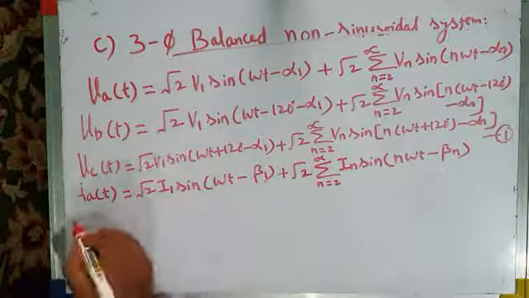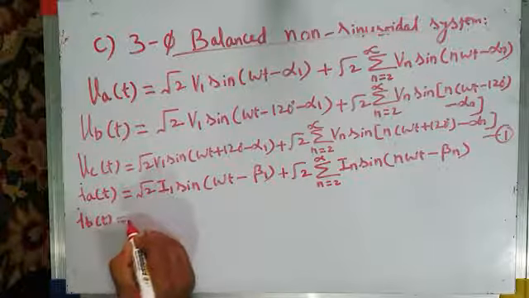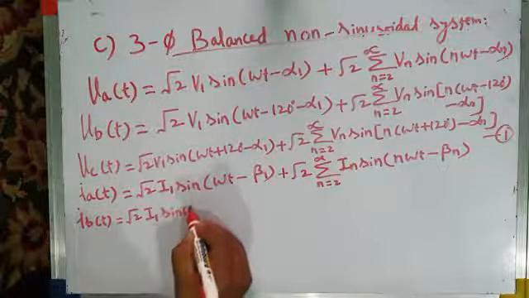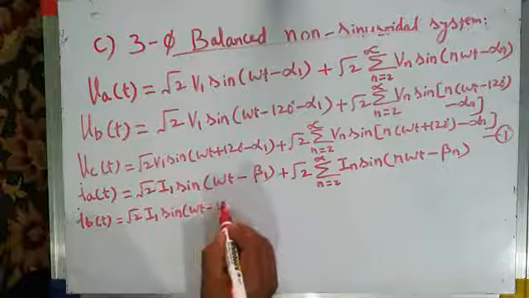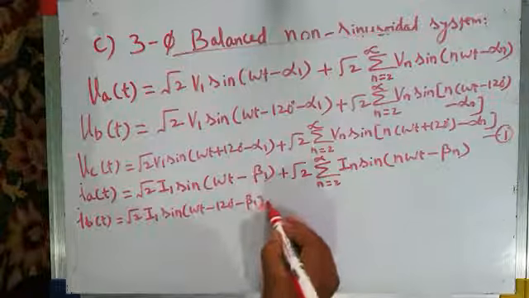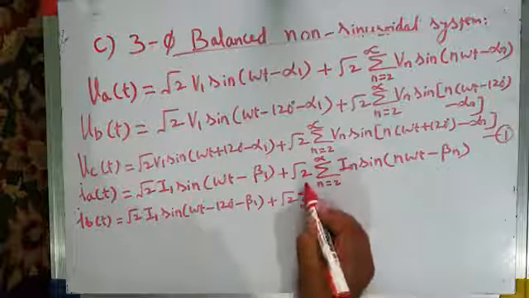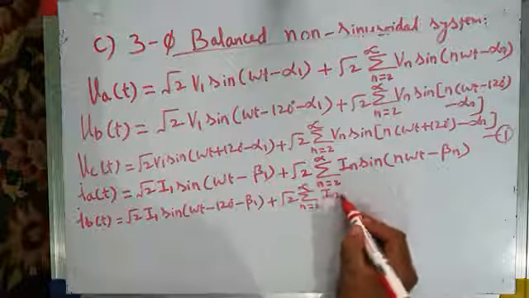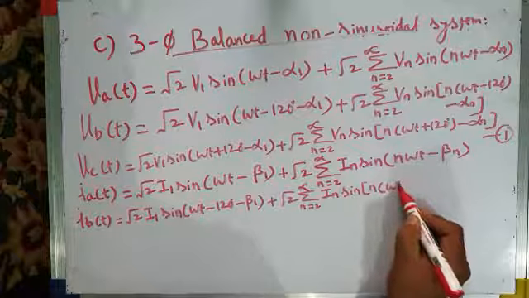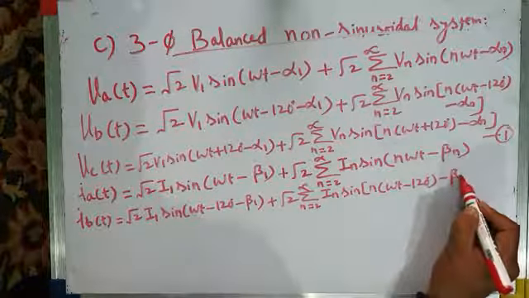Similarly, line current iB will be equal to root 2 I1 sine of omega t minus 120 degrees minus beta 1, plus the summation of harmonics n equal to 2 to infinity In sine of n times omega t minus 120 degrees minus beta n.